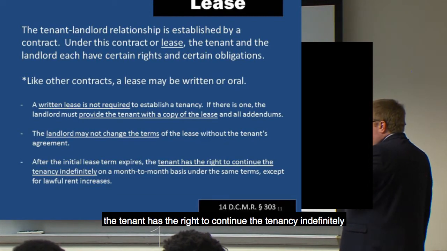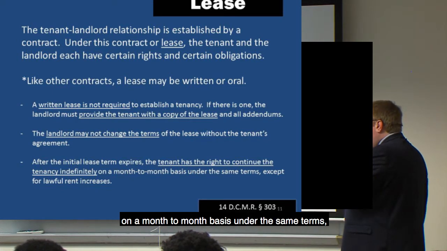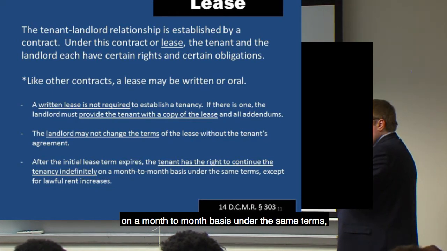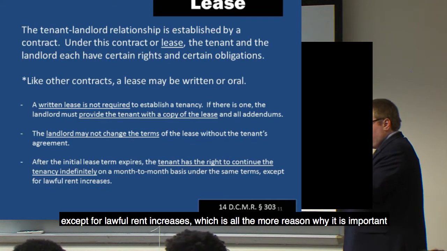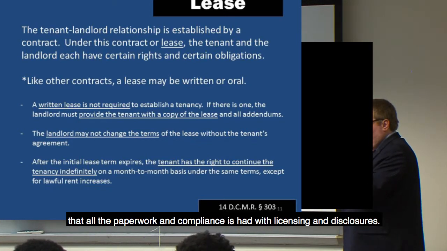The tenant has the right to continue the tenancy indefinitely on a month-to-month basis under the same terms, except for lawful rent increases, which is all the more reason why it is important that all the paperwork and compliance is had with licensing and disclosures.